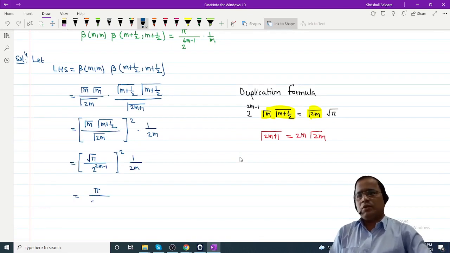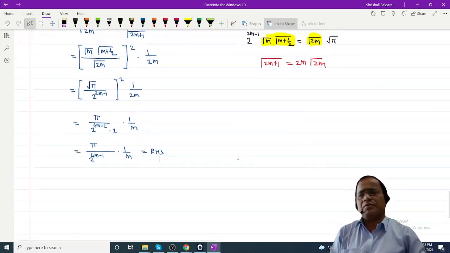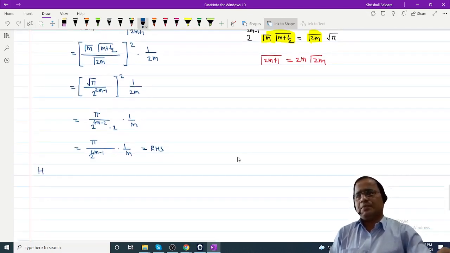Now tell me, 2 raised to 4m minus 2, into again 2, multiplied by 1 upon m. So one more step you can simplify. It will be written as pi upon 2 raised to 4m minus 1 into 1 upon m, and that is your RHS. Simply you have to use the property. Hence the proof.